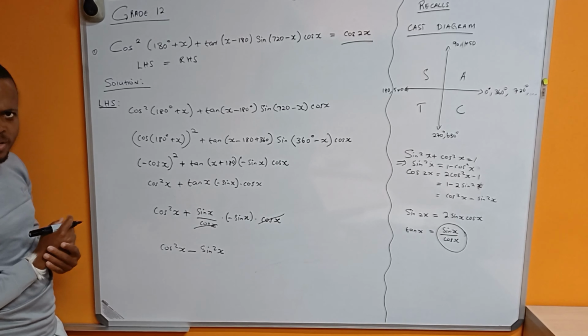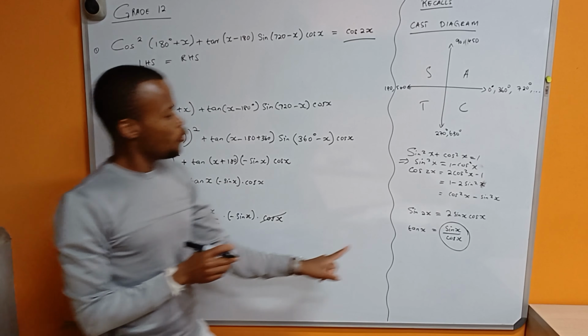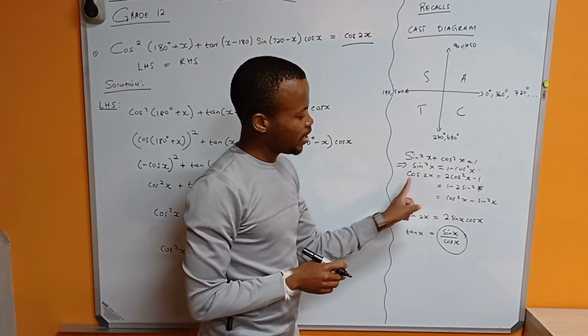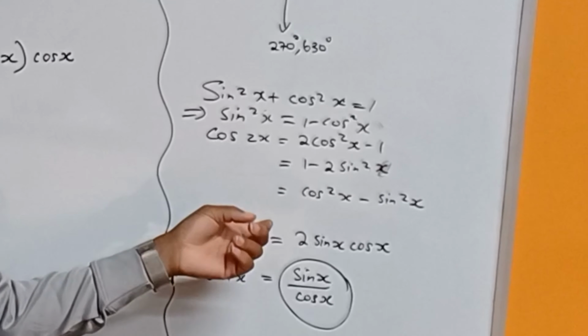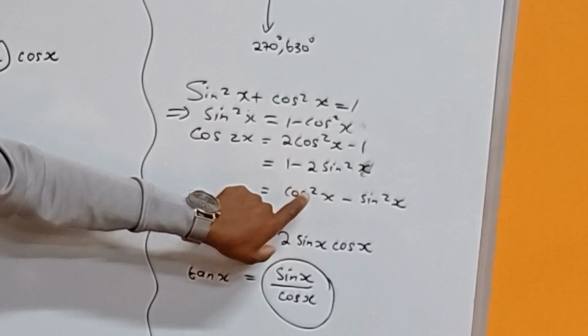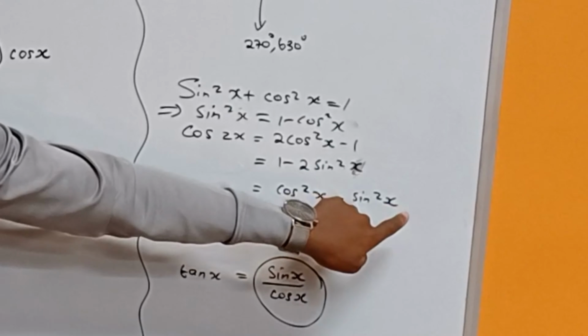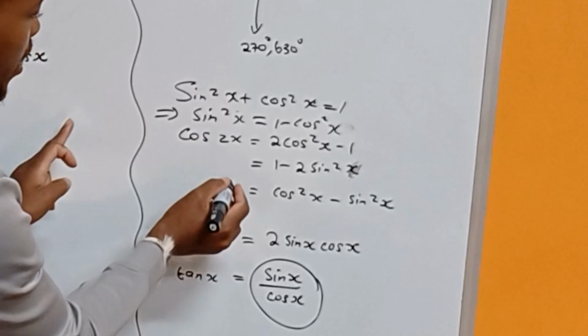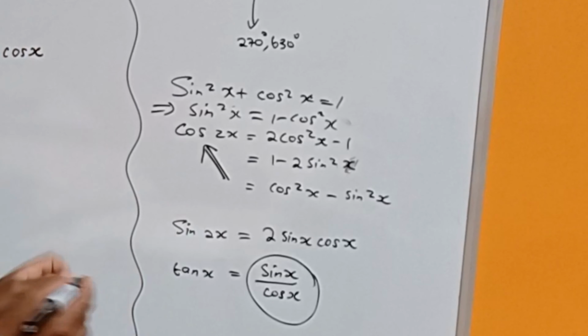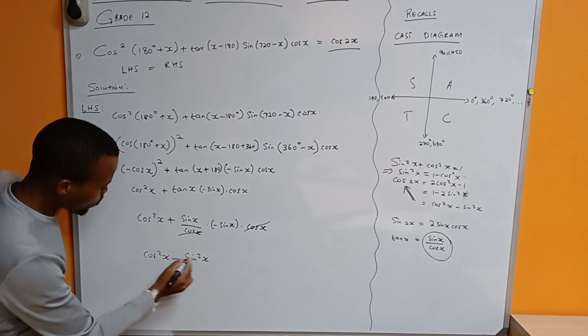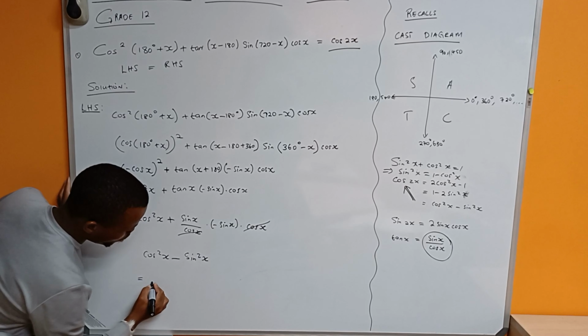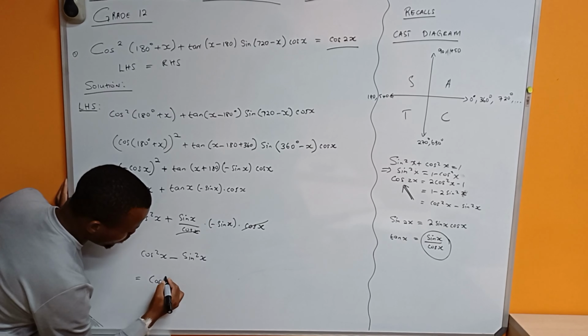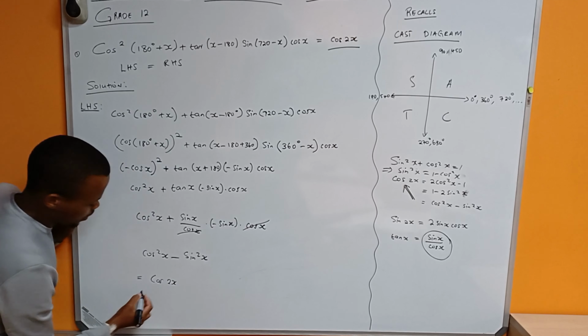Is there anything that we can do? Nothing. You then go back to the double angle identities. You see here that cos squared x minus sin squared x is indeed equal to cos 2x. So now we know that this is equal to cos 2x.